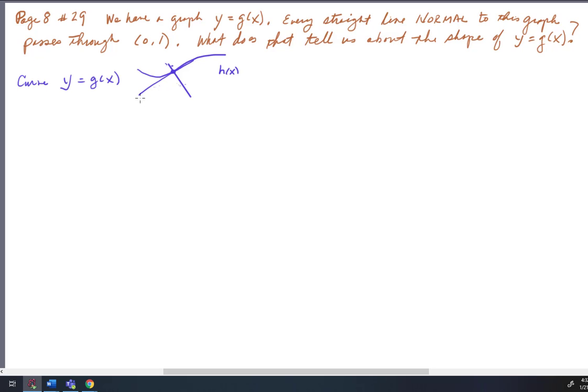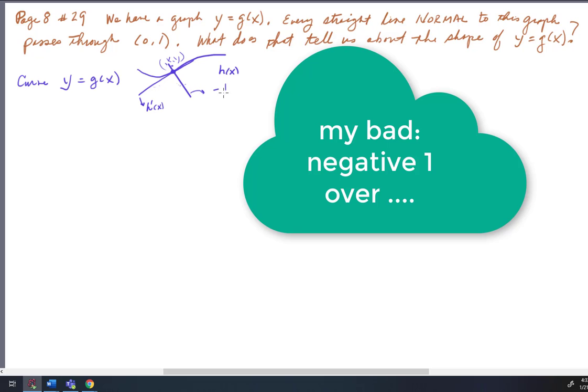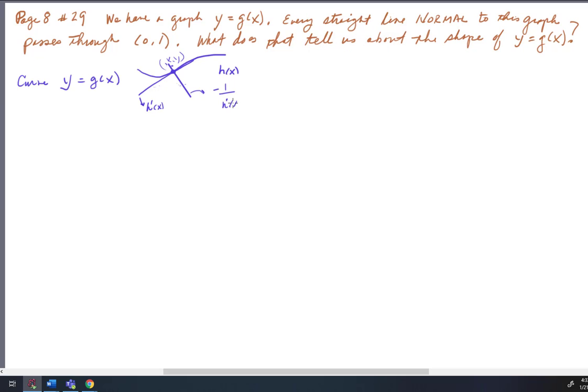The slope of the tangent line would be h prime of x, at a point x, y, and the slope of the normal, since they're perpendicular lines, would be negative 1 over h prime of x.